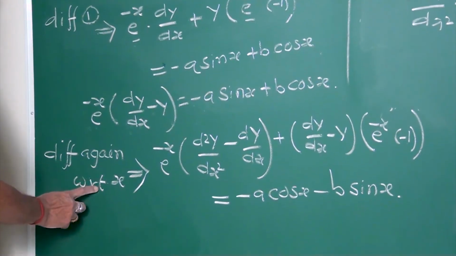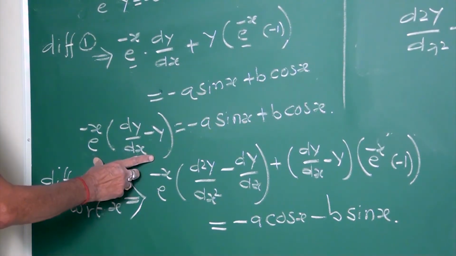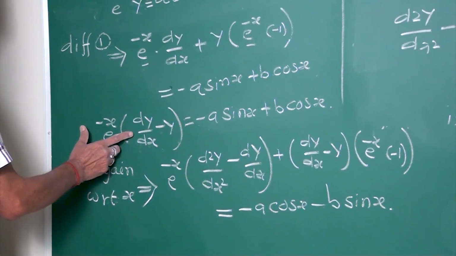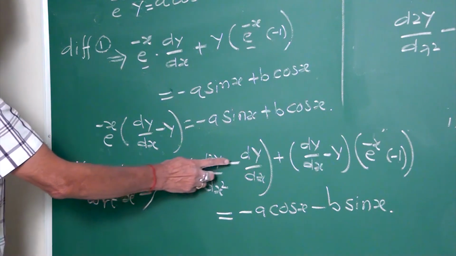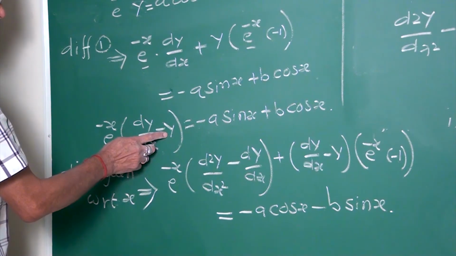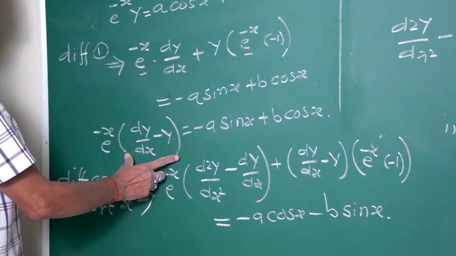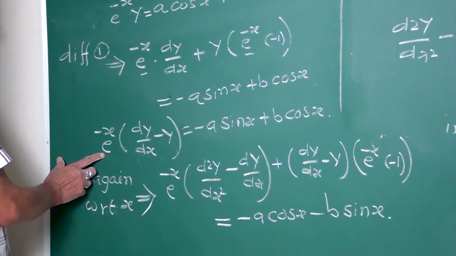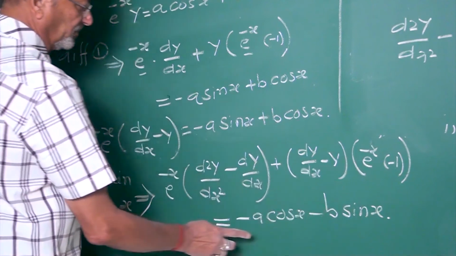Second time, differentiate this again with respect to x. Product formula, yes. First function as it is, derivative of this bracket, derivative of first derivative, second derivative, minus derivative of y with respect to x, dy by dx, plus this bracket as it is, derivative of e to the power minus x is e to the power minus x into minus 1.